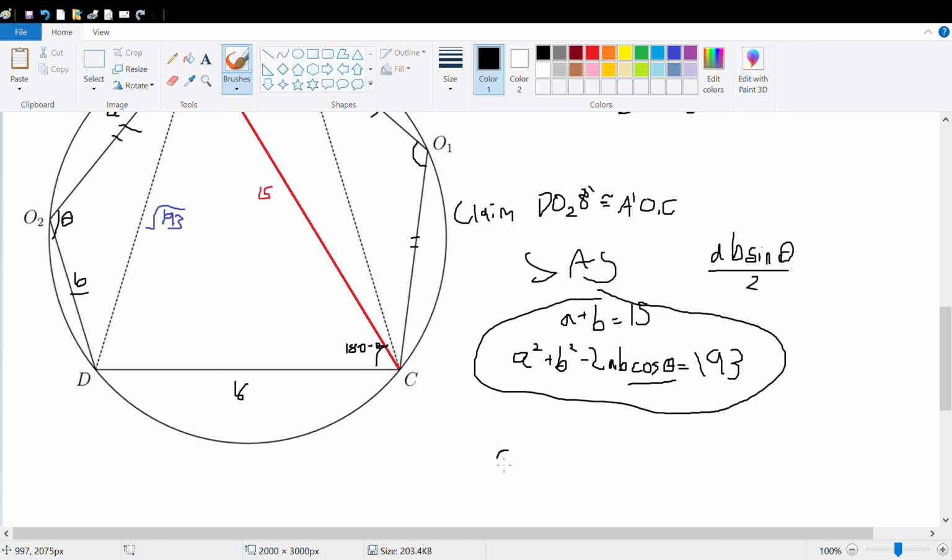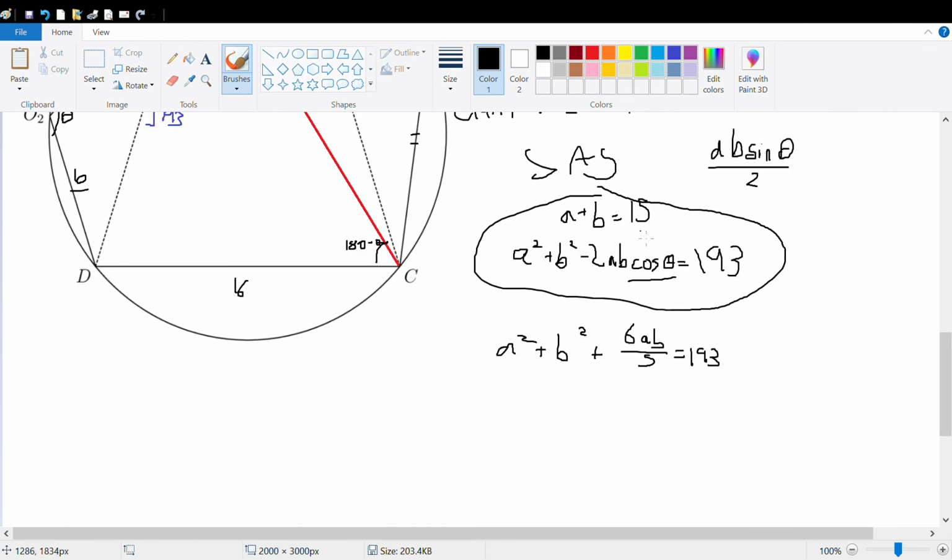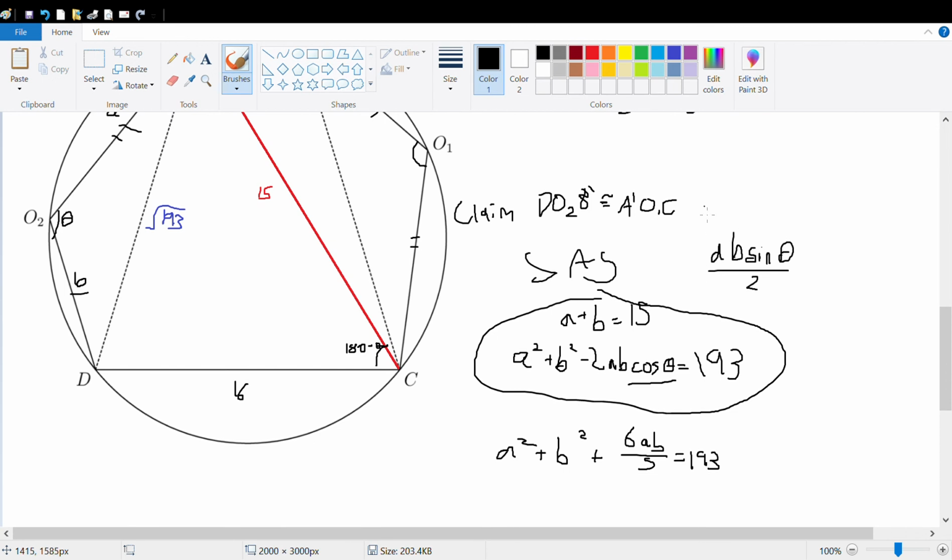So we have A squared plus B squared, and then negative 2 times cosine theta. The negatives cancel out, so we get plus 6AB over 5 is 193. And now we square A plus B, because we only need to find what AB is.